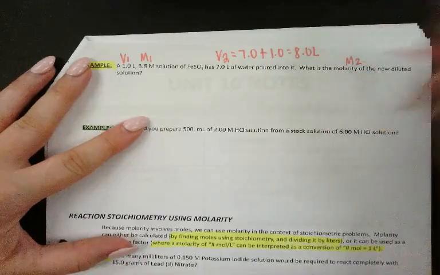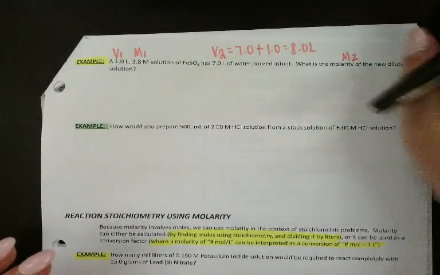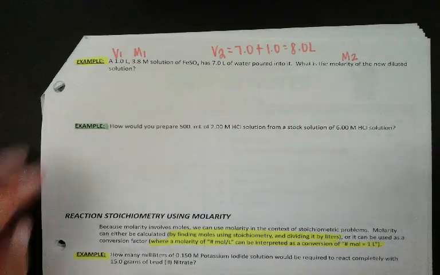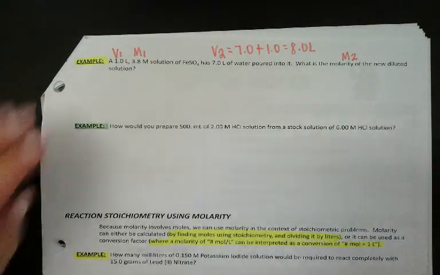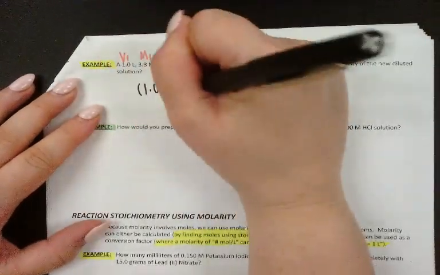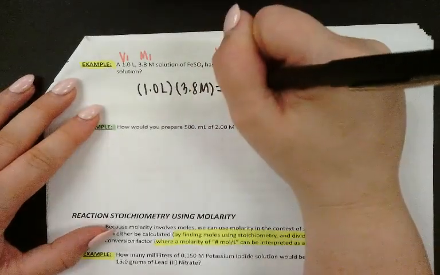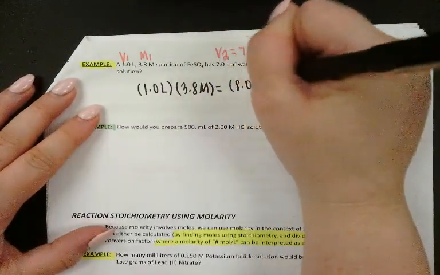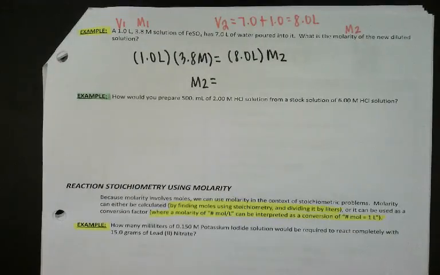That is my M2. Does everybody see how I got the 8? Are we sure? Because it said it was poured into it. Okay? So, 1.0 liter times 3.8 molar equals 8.0 liters M2. Everybody plug that in.